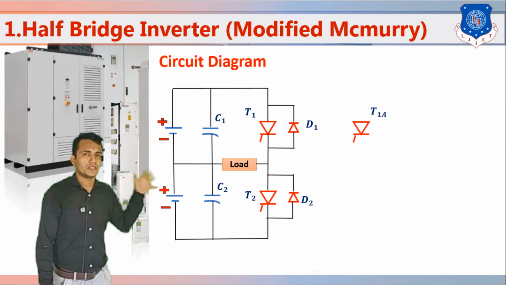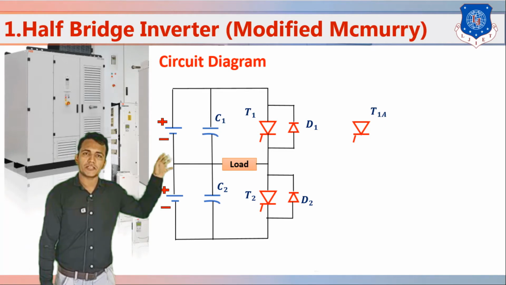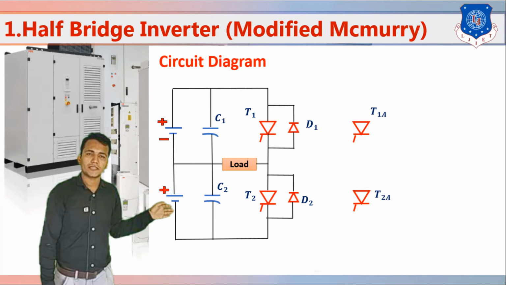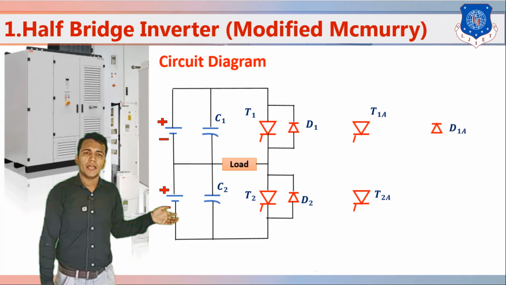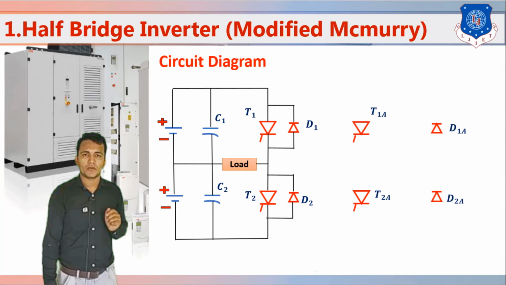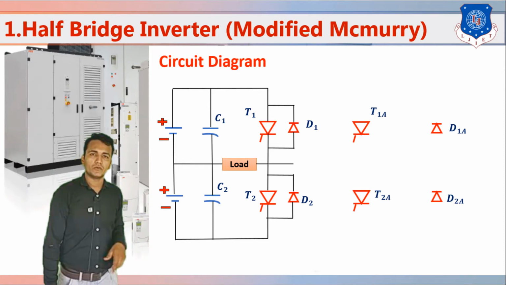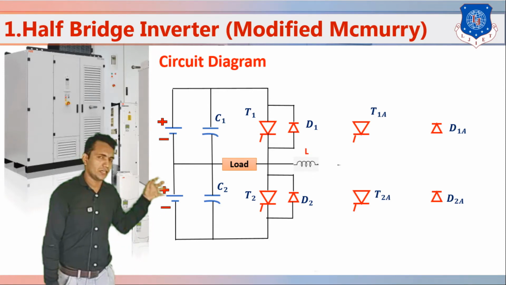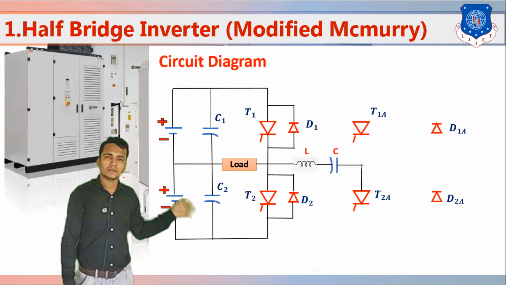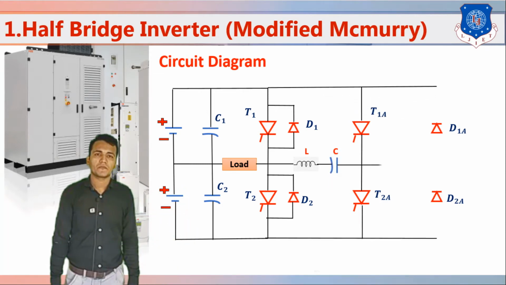Now, as per the modified McMurray inverter, we have to use auxiliary thyristor T1A, auxiliary thyristor T2A, and diode D1A and diode D2A. Those are the two auxiliary parts that we have to connect across our circuit. Now we connect the circuit with the inductor and capacitors, and then it is connected with our actual circuit.